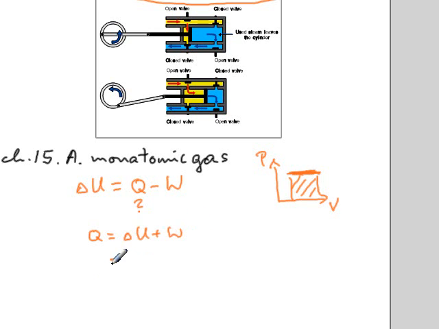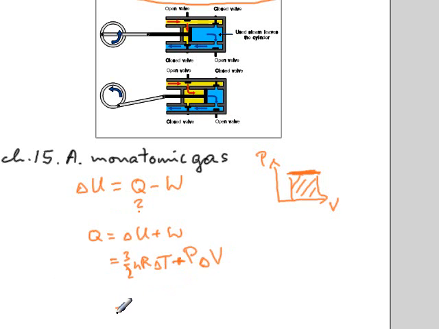The work, as we see in the chapter, is given as P times delta V, so pressure times the change in volume, and the change in internal energy is given, from the previous chapter, as 3/2 n R delta T, and then there's that plus in between.